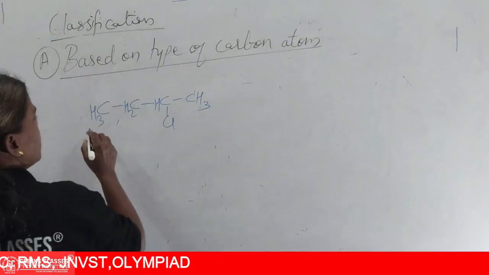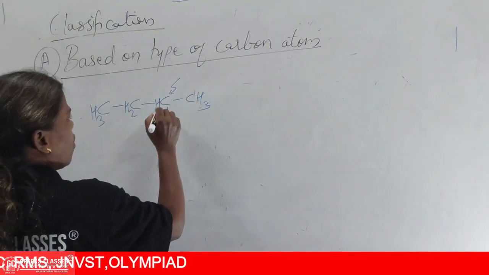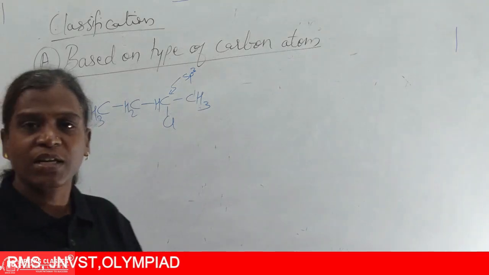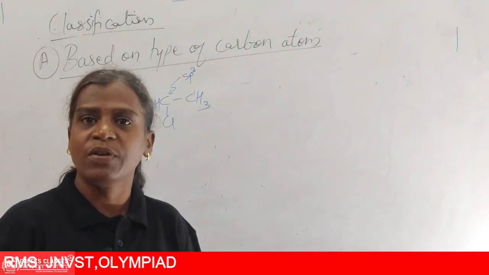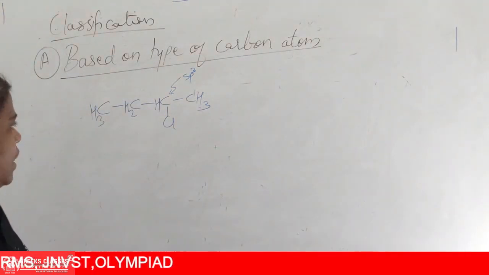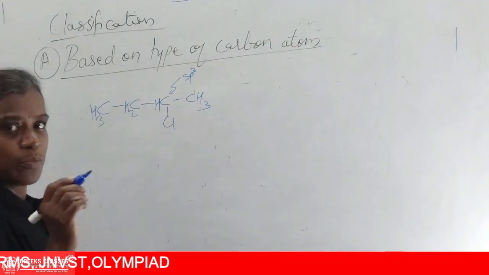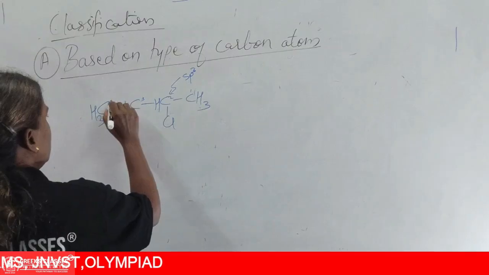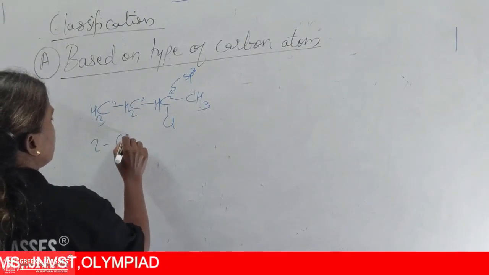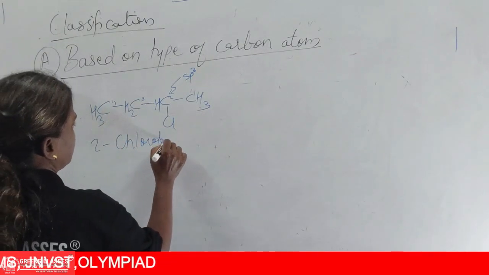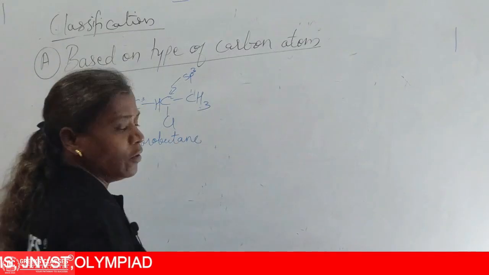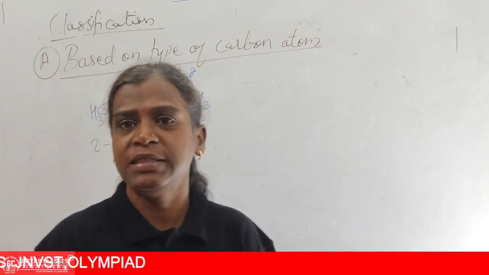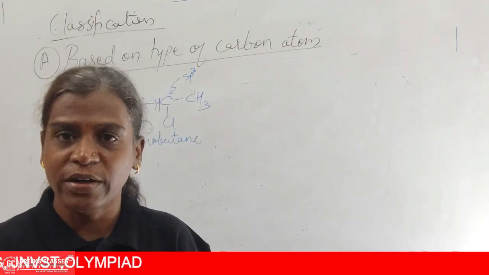That means this is a saturated carbon, or this carbon is sp3 hybridized, because everywhere it is single bonded. Now let us know the position of the chlorine. It is present on carbon number 2, right? So it is 2-chlorobutane, where chlorine is attached to an sp3 carbon, which is a single bonded carbon.